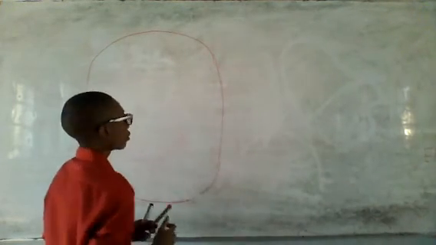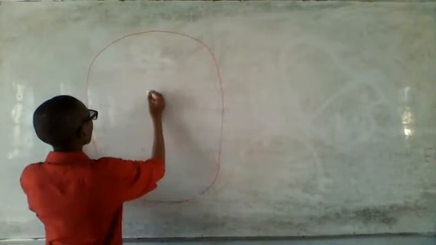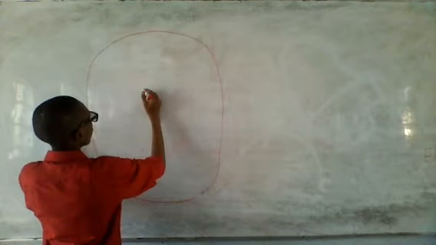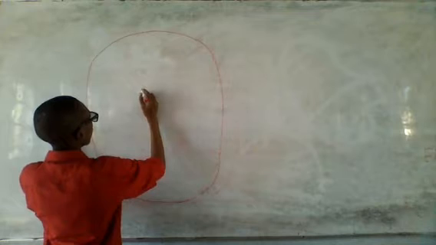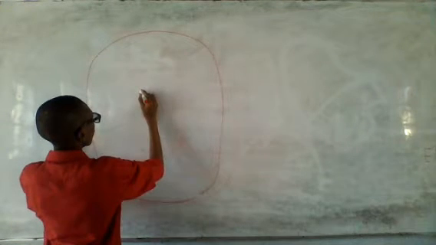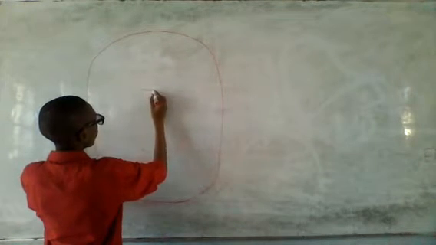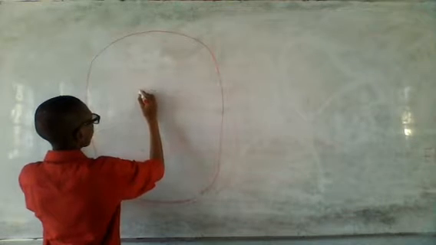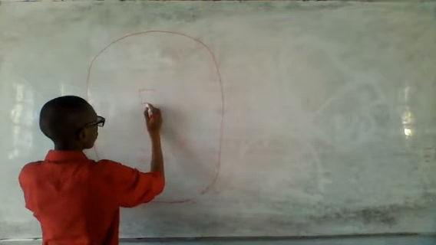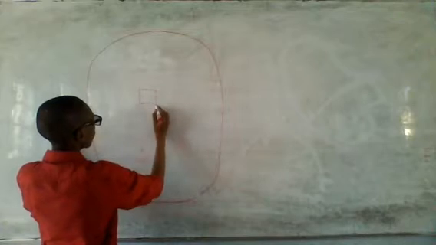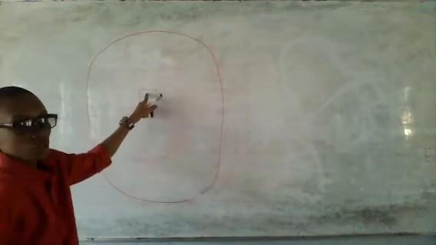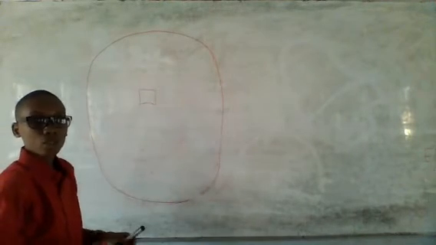If this should be the skull, we have three fossae. Here you have this part of the sella turcica.